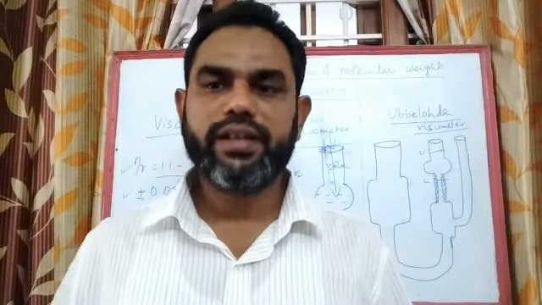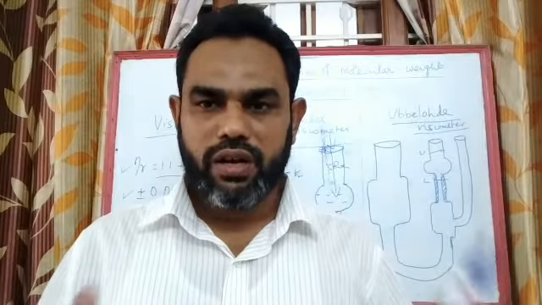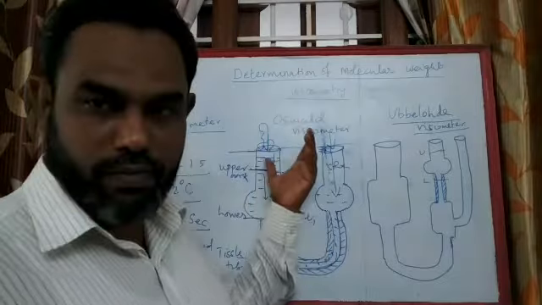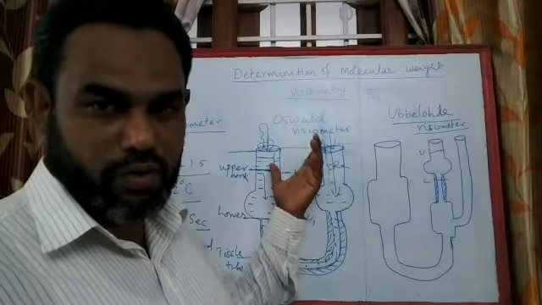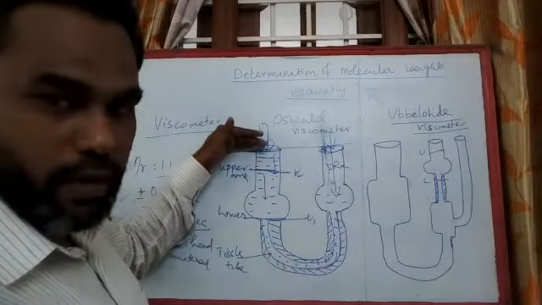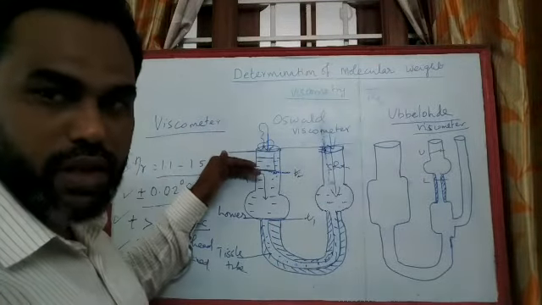I hope you are clear. We have to take up the plain solvent in which the polymer is dissolved. It is taken in one bulb, then sucked through the other mouth, until the solvent level reaches above the upper mark. It slowly comes down.